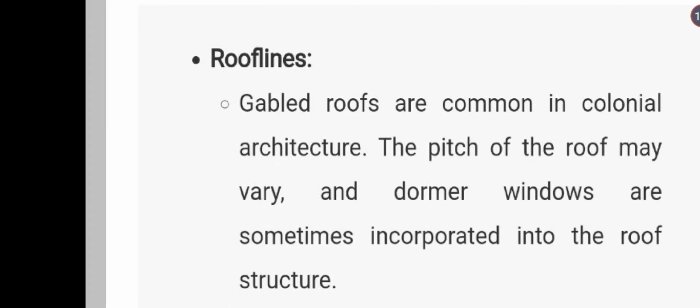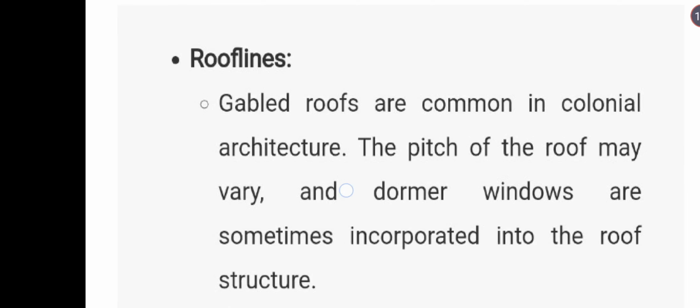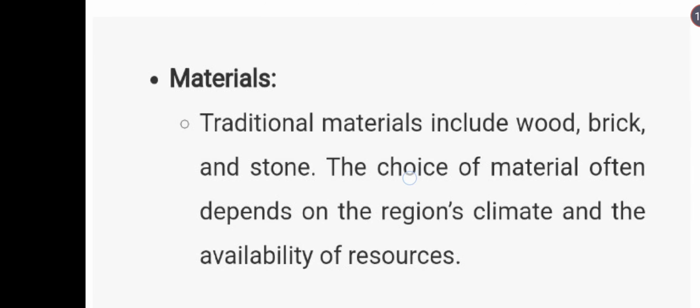Next is the roof line. In common colonial architecture, the roof line is very important because the pitch of the roof varies, and windows are sometimes set into the roof. Next is material.